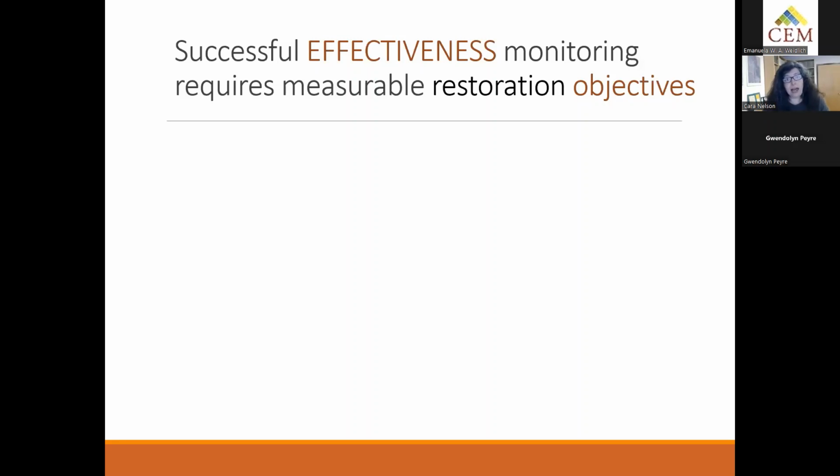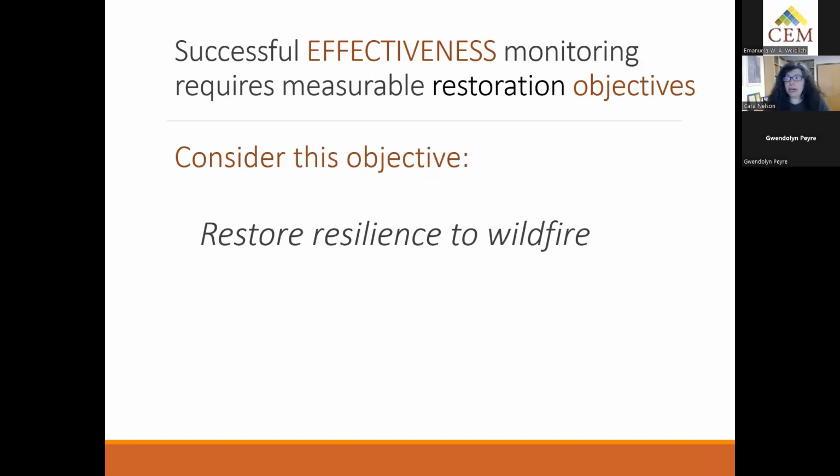It's hard to answer that if you don't have clear project goals. You could still monitor for the effects of treatments, what happened after you implemented the treatments, even if you don't have a single project goal. However, if it's important to your project to know whether it's been successful in meeting goals, you need to have those project goals or objectives.